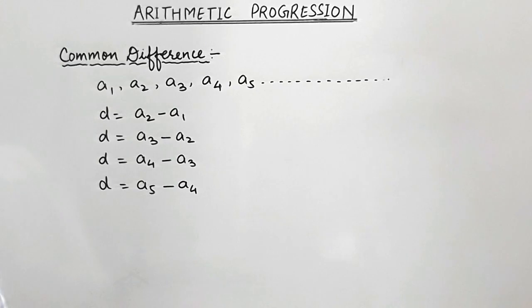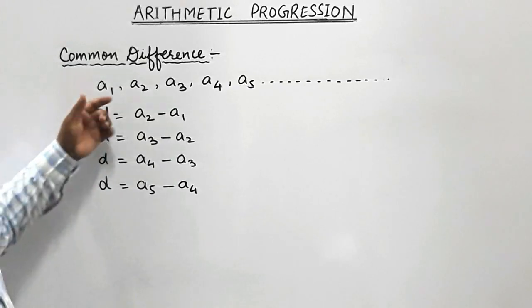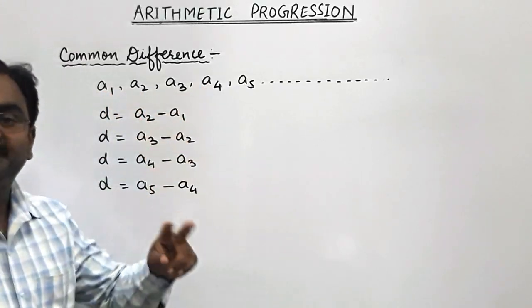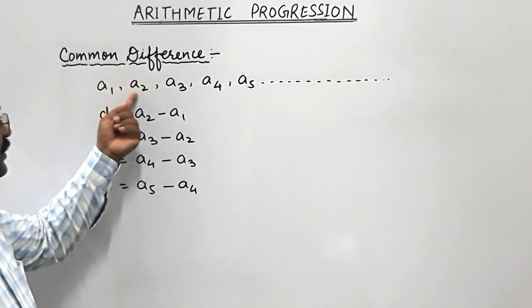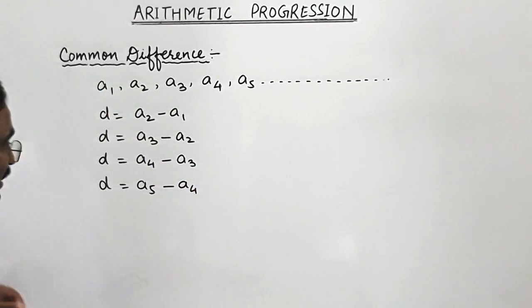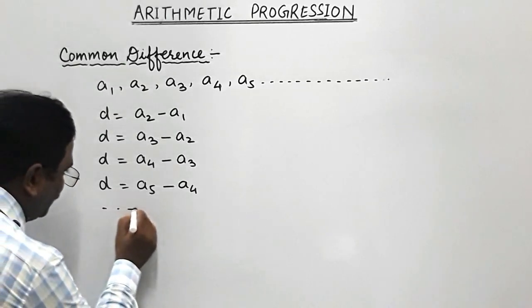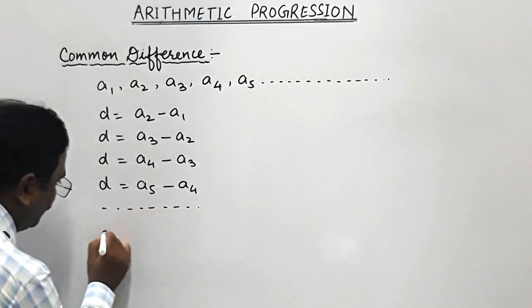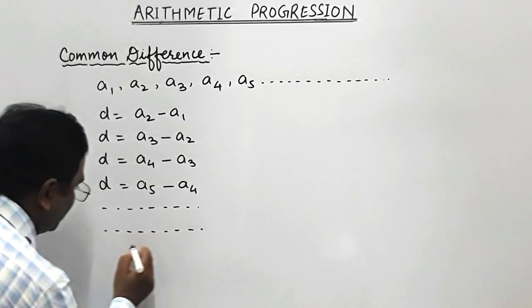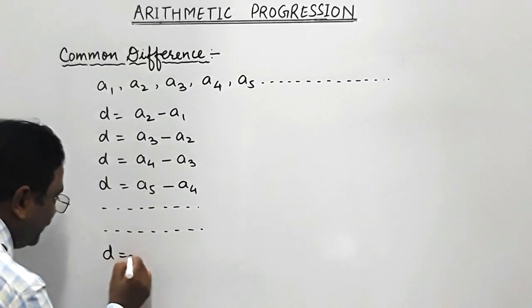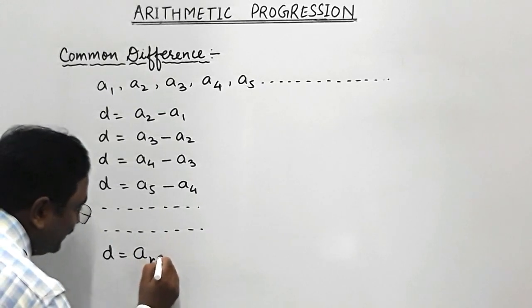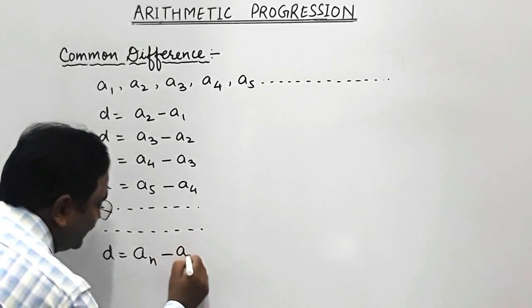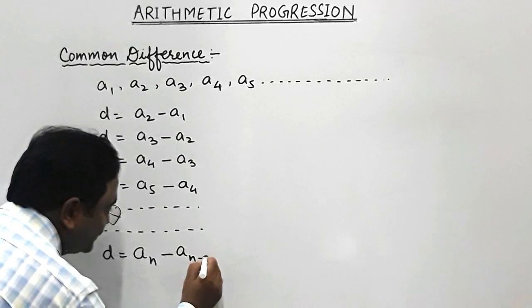Means, what is this common difference? This common difference is the difference between two consecutive terms. Suppose these two terms we have taken, so a2 minus a1. So similarly, if you write the common difference in general form, this common difference d can be written as an minus a(n minus 1).